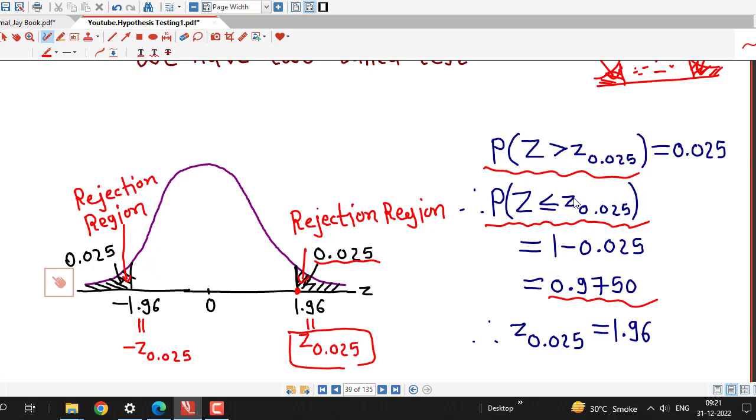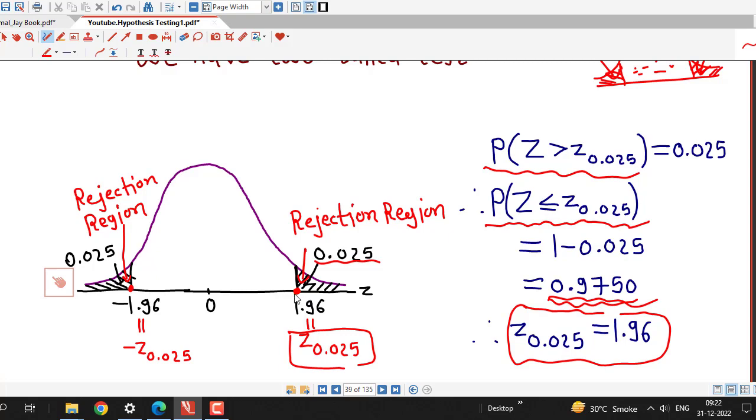And using standard normal probability table, I find that this area 0.9750 corresponds to this value of Z, 1.96. So this 1.96 is our critical value, and here it is negative, minus Z 0.025. So these are our critical values.